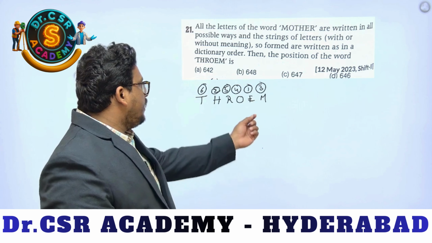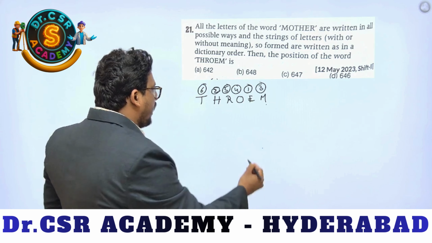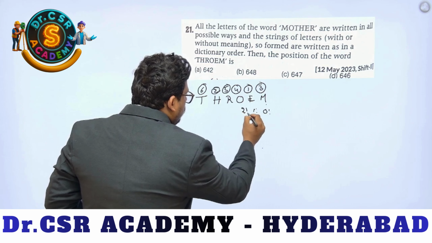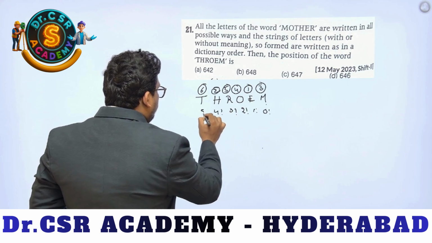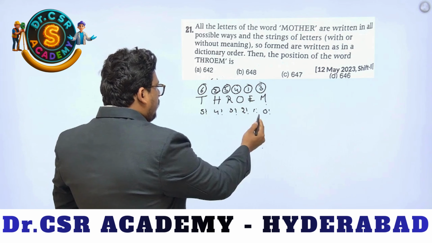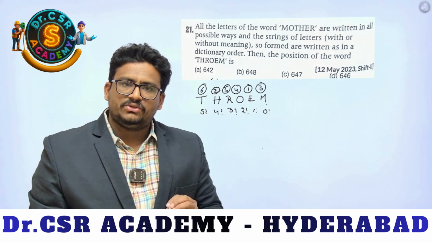See here, how many letters are here? 1, 2, 3, 4, 5, 6. You can write here 0 factorial, 1 factorial, 2 factorial, 3 factorial, 4 factorial and 5 factorial. What is the factorial?